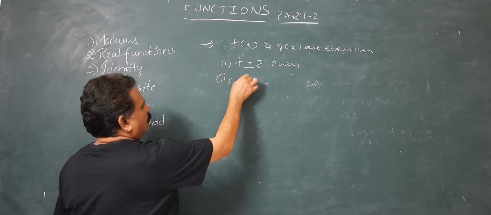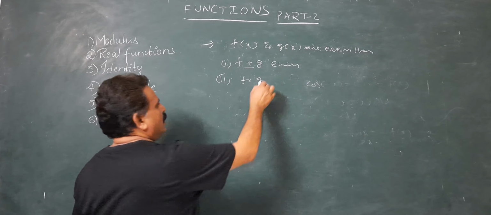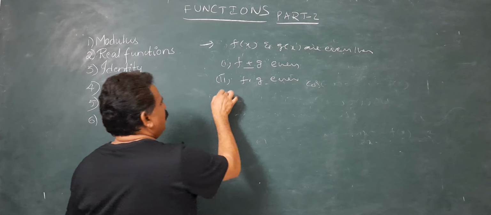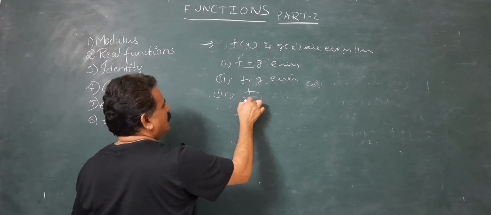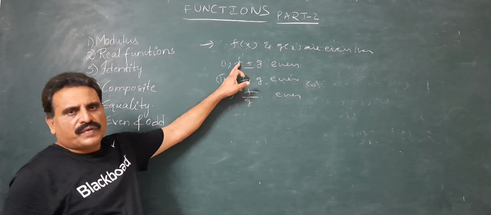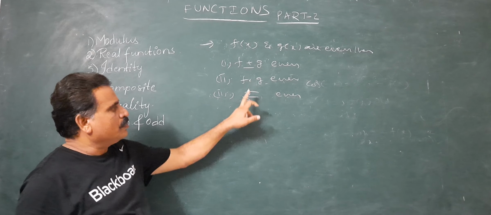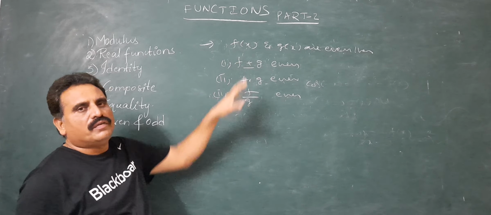Next, the product of two even functions is again an even function. The division of two even functions is again an even function. That is, f of x plus or minus g of x, f of x into g of x, f of x by g of x are all even functions.